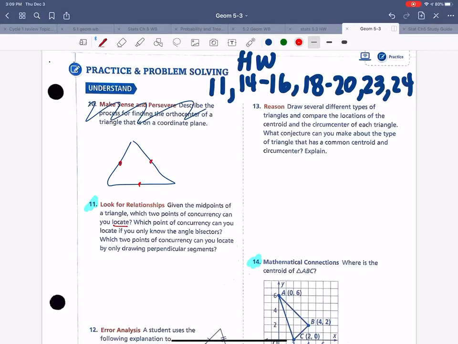Okay, so if I'm given this, let's say this is point D, E, and F. So if I'm given points D, E, and F as midpoints, I can either trace it back to the opposite side, right?